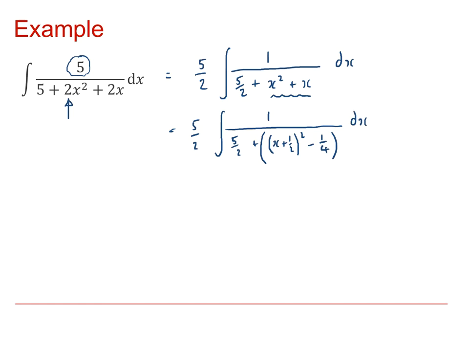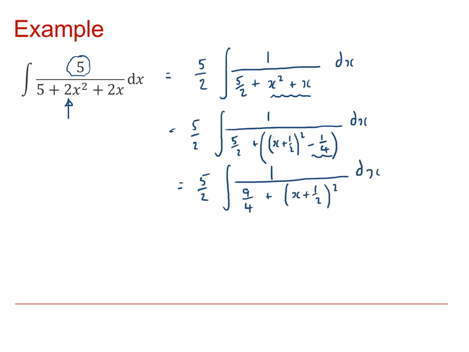Now if we take that quarter and subtract it from 5 over 2, 5 over 2 is 10 quarters, so taking away 1 gives us 9 over 4. So 5 over 2, the integral 1 over 9 over 4 plus x plus 1/2 all squared.